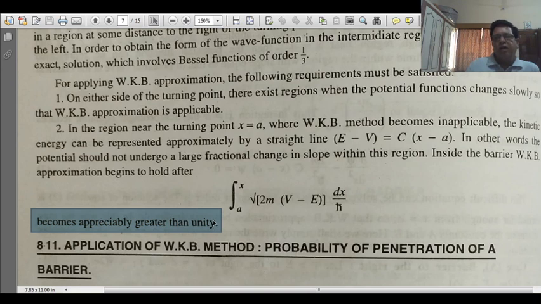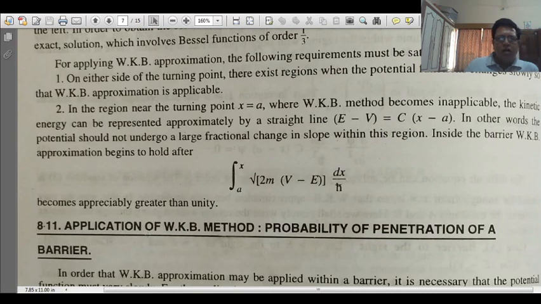So these are the conditions necessary for the application of WKB. In the next lecture, we will apply the WKB method to calculate the probability of penetration of a barrier. Okay, thanks to all of you.